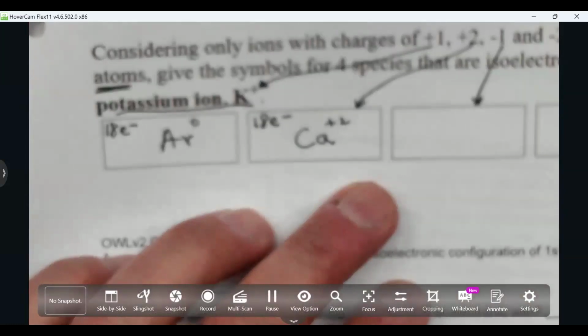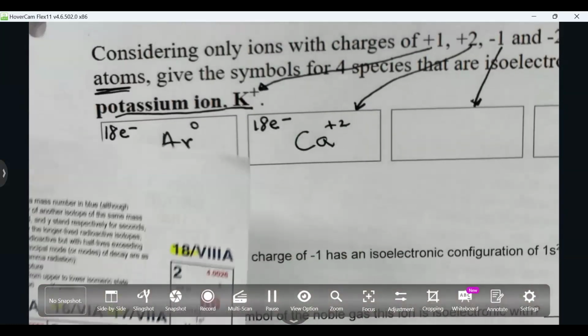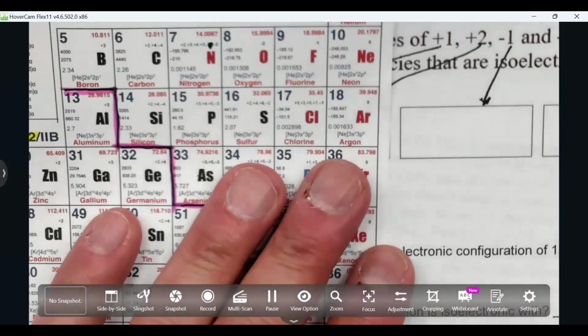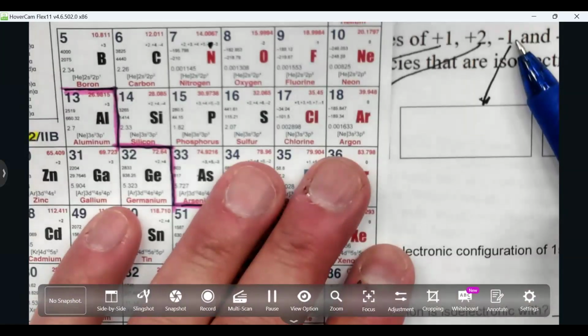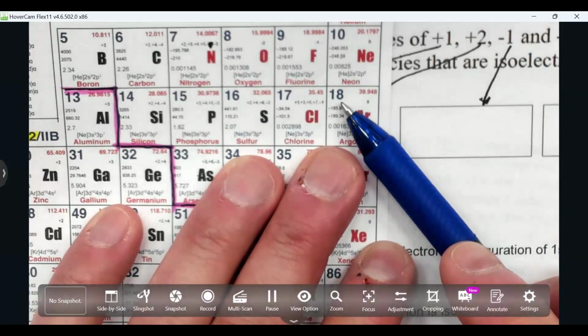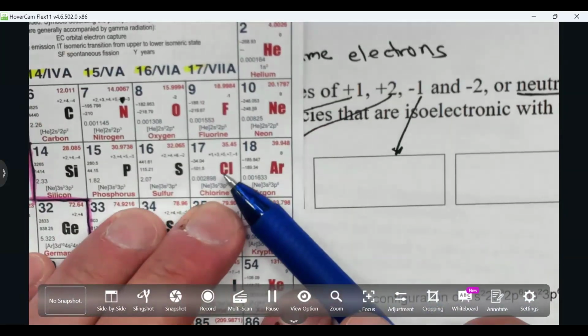My -1. Which one is going to gain 1 electron to get to 18? Gaining 1 electron to get to 18 is going to be chlorine, correct? Chloride.